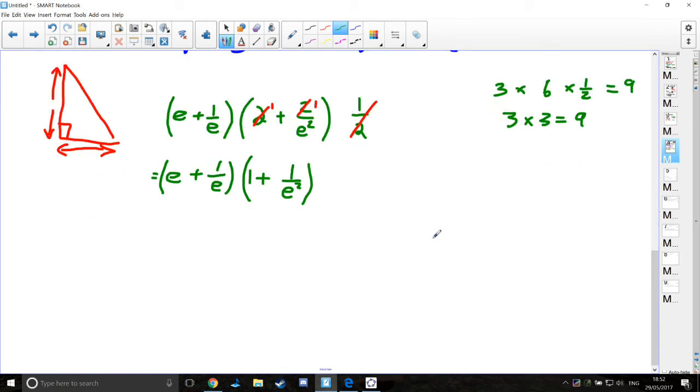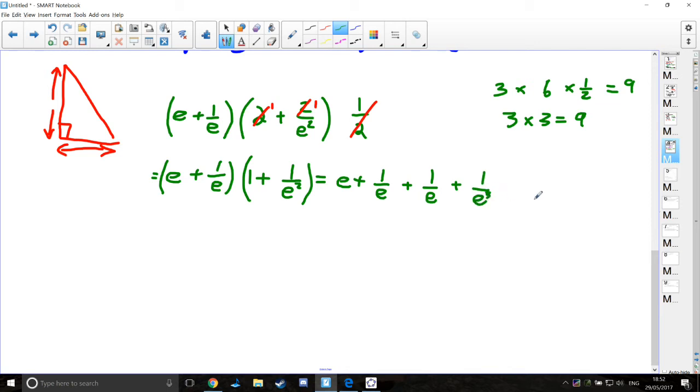Not really a nice way that I can see of multiplying this out, but just doing the proper brackets, FOIL, smiley face, whatever you want to do. We get e to start off with. We also get a 1 over e, so that's that 1 used up. 1 over e squared times e is just going to give us a 1 over e. And 1 over e times 1 over e squared is going to give us 1 over e cubed.